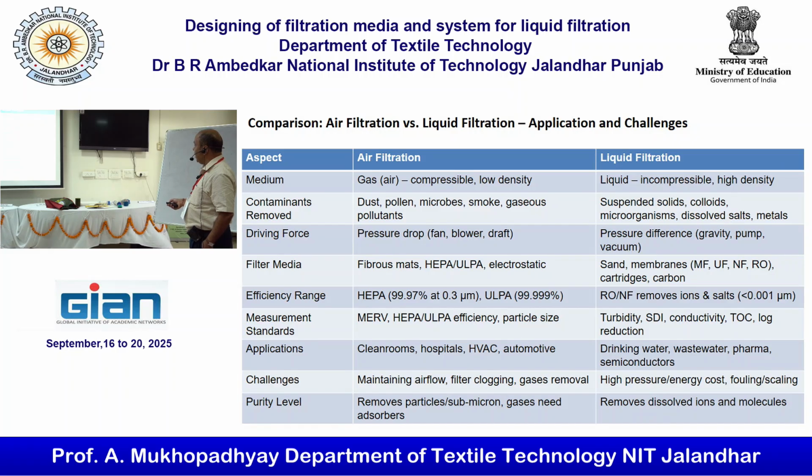Fibrous material will be different in both cases. In liquid filtration you can use sand and membranes. Membranes are also used in air filtration, but the type of media will be differently designed. Applications of air filtration are clean rooms, hospitals, HVAC, automotive. In liquid filtration, the applications are pharma, semiconductors, drinking water, wastewater.